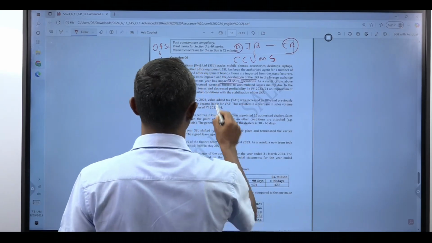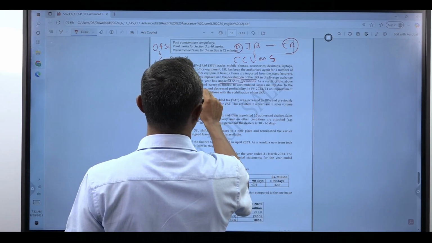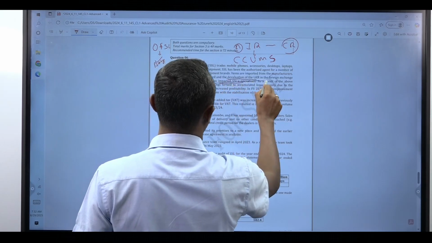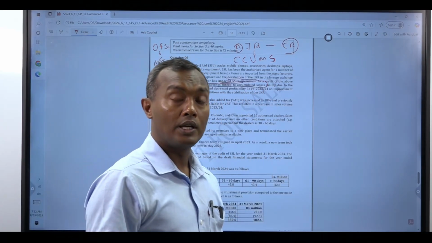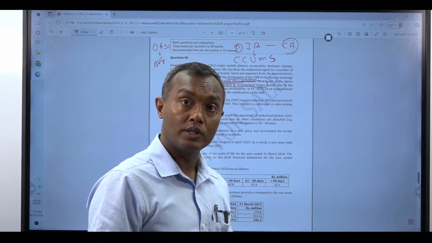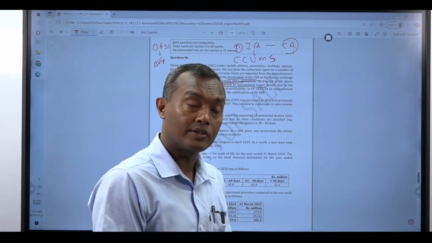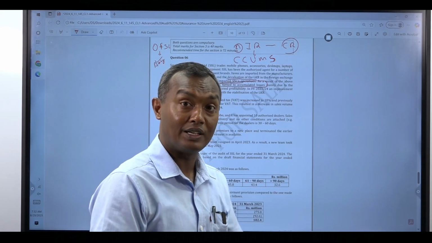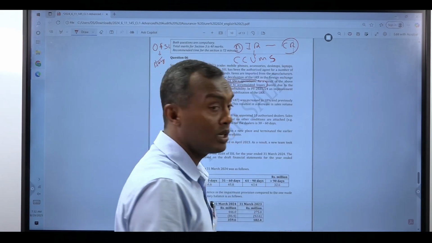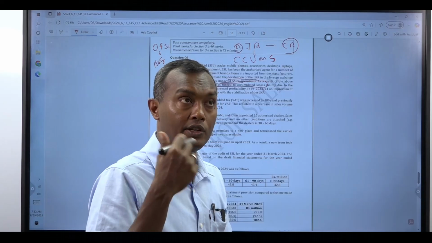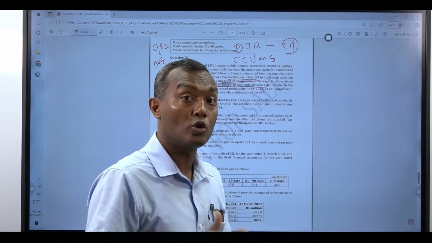As a result of the above conditions, the company's retained earnings turned to accumulated losses. My goodness, that is a disaster. It doesn't say profit has come down. The retained earnings, now net assets may be minus, right? The entire retained earnings has become accumulated loss. Now if you are a very smart student, you will also ask, how about the solvency?